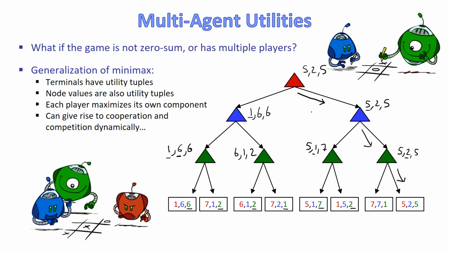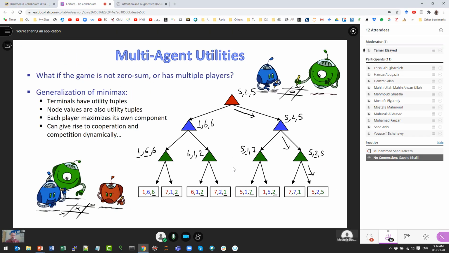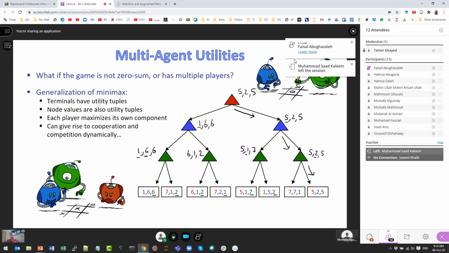Again, that can happen at some points in time, and at other points they might look like friends. But the point here is that each player is trying to maximize his own utility. Any question about this? So we saw in the previous slides expectiminimax. Here everything is max, but everyone is maximizing his own utility.